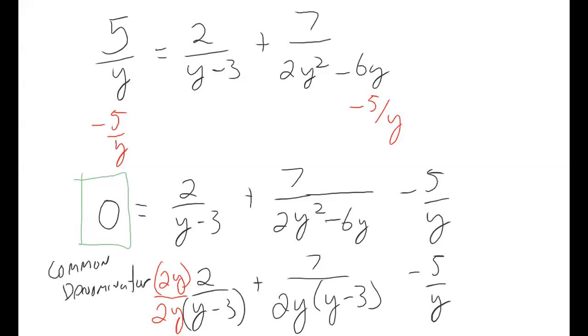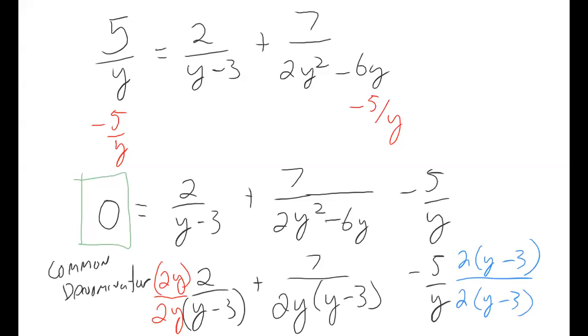We don't have to do anything with it. My third fraction has the y, but it's missing the 2, and it's missing the y minus 3. So that means I have to multiply the top by 2 times y minus 3. So now by doing that, I have a common denominator.